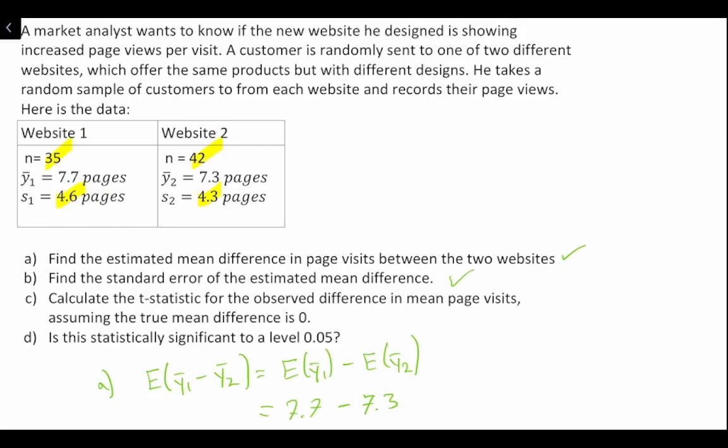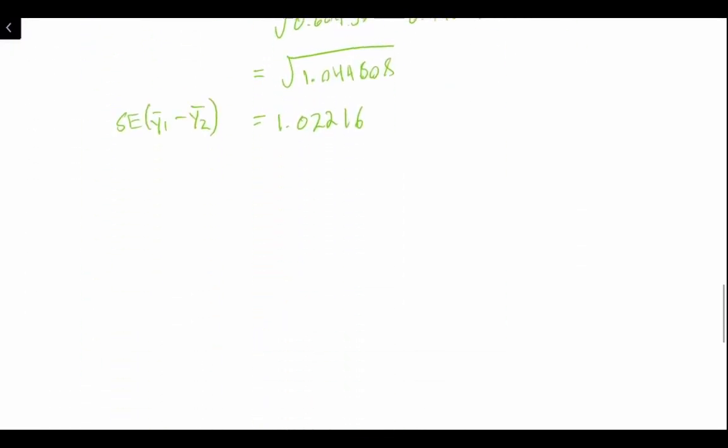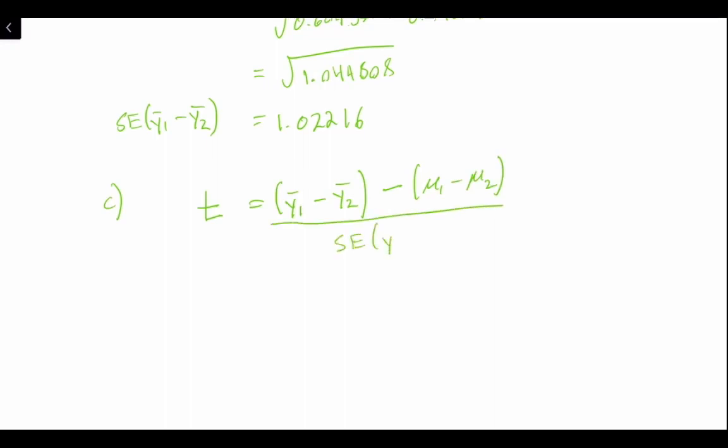C: calculate the t-statistic for the observed difference in mean page visits, assuming the true mean difference is 0. So we're calculating a t-statistic. Well, this is going to be y bar 1 minus y bar 2 minus mu 1 minus mu 2, divided by the standard error of y bar 1 minus y bar 2.